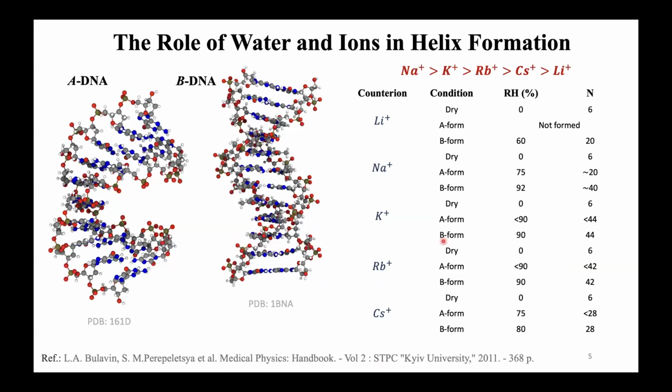The DNA double helix forms when enough water molecules are present around it. Nowadays, we know quite well how many water molecules are required to stabilize the double helix in a given conformation, or form once again.